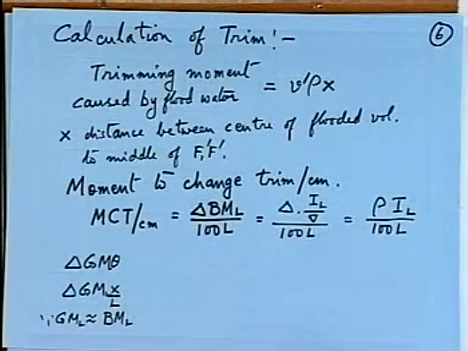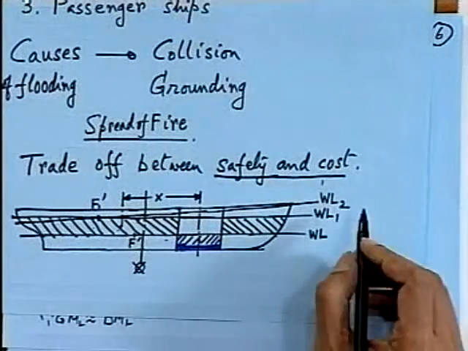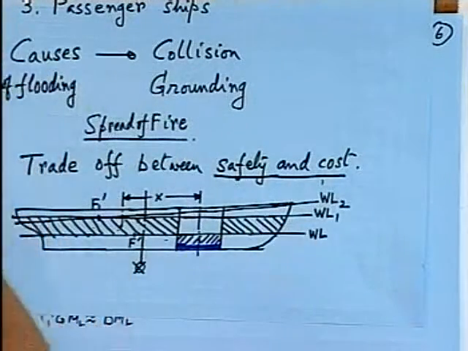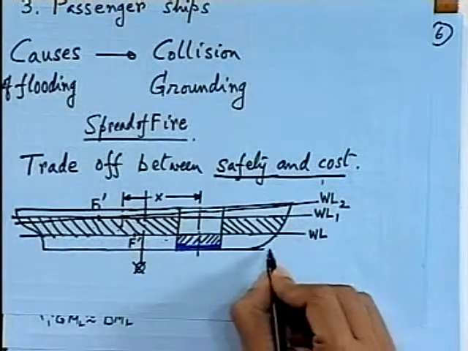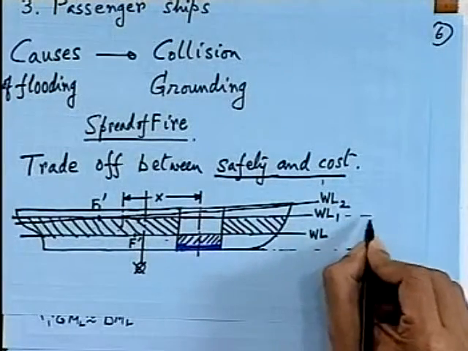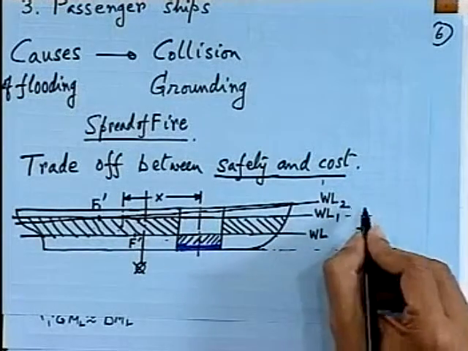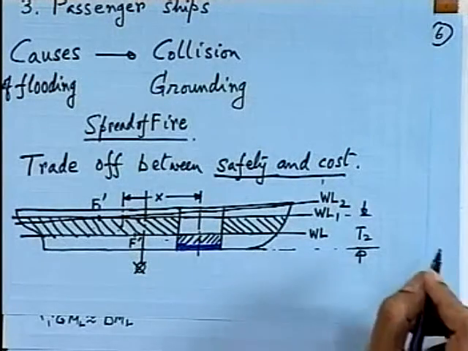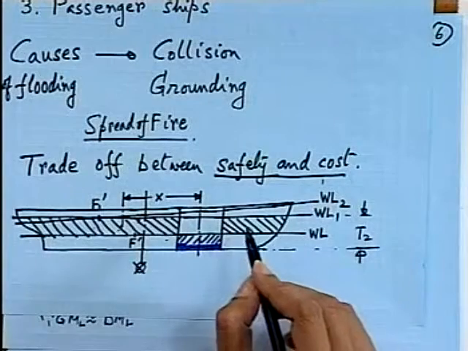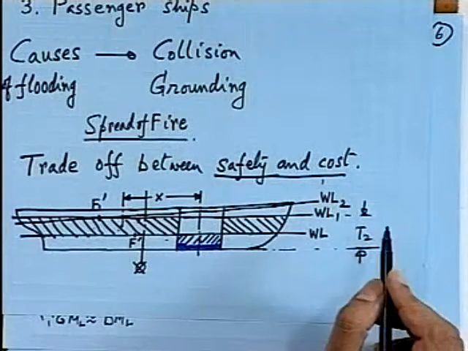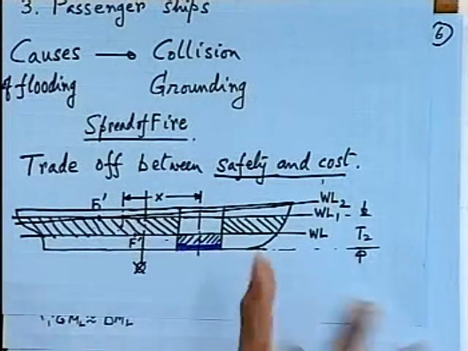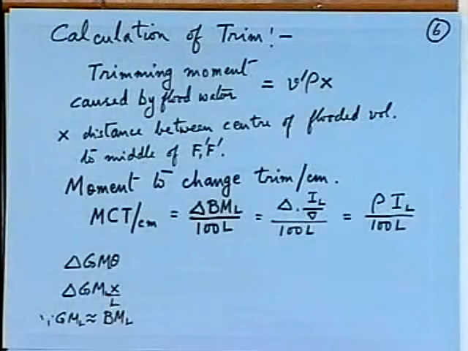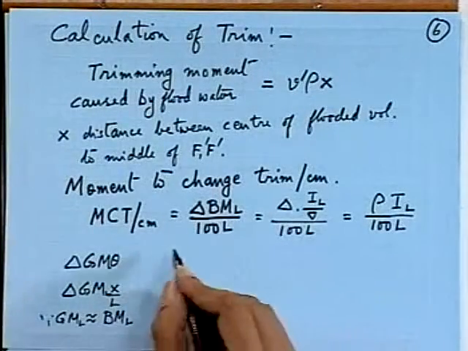Now the trim calculation that we are doing is at WL1. Say T2 is the draft at WL1 where we are doing the trim calculation. That is, the ship has sunk to the draft WL1 by parallel sinkage, and then we are giving a longitudinal rotation of the ship, and we are coming to the final water line WL2.